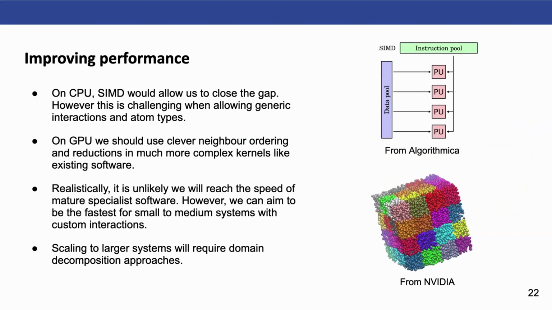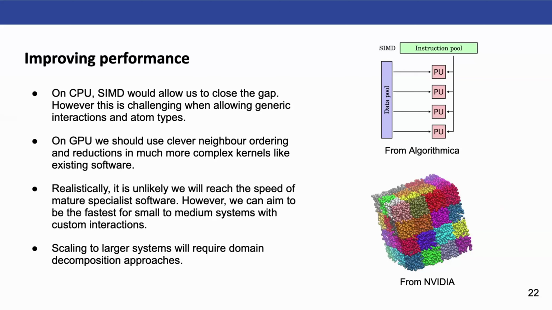On CPU, hopefully single instruction, multiple data, SIMD, should allow us to close this gap. However, you do run into tension here. The tension is between flexibility on the one hand, which we want to keep, and then really specializing the memory layout on the other hand. On GPU, there's some work ongoing to use clever neighbor ordering and reductions, which should give us quite a big speed up.